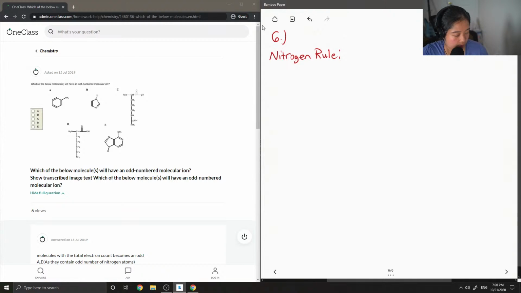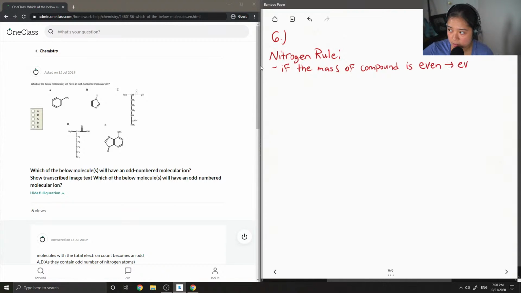And basically what this means is that if the mass of the compound is even, then we have an even number of nitrogens.